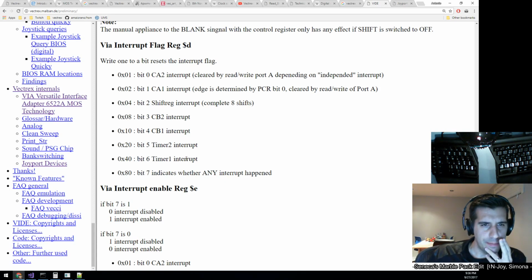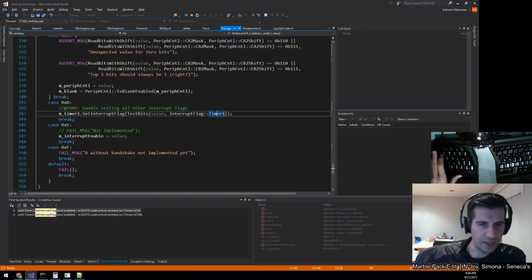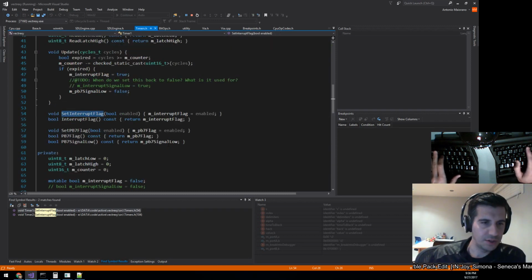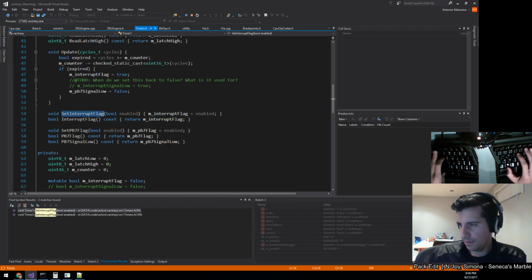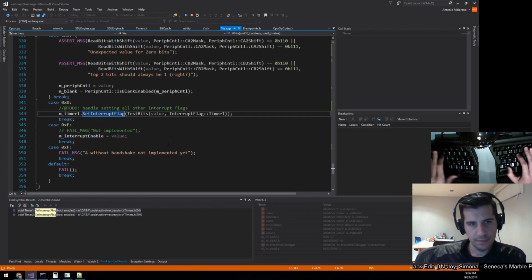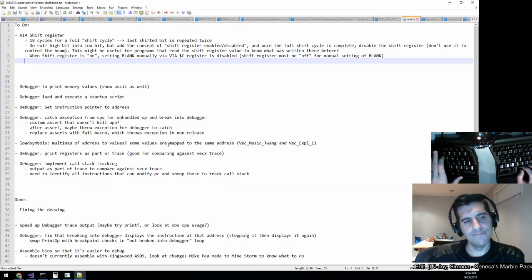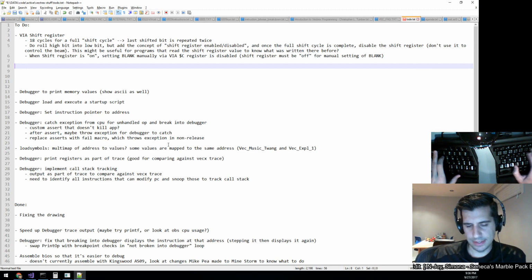Write 1 to a bit resets the interrupt flag. It sounds like basically I should do the opposite. If 1 is passed in, then internally we want the interrupt flag to be false. Very interesting.